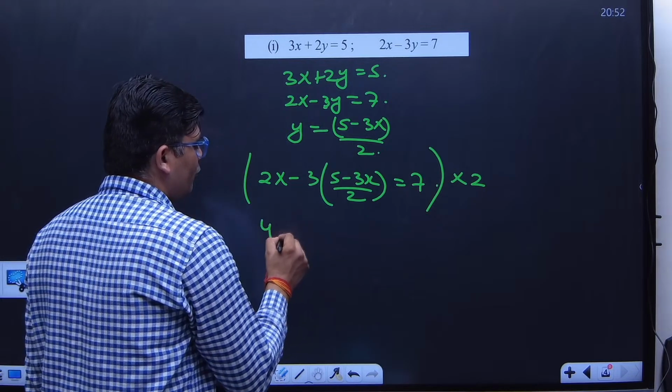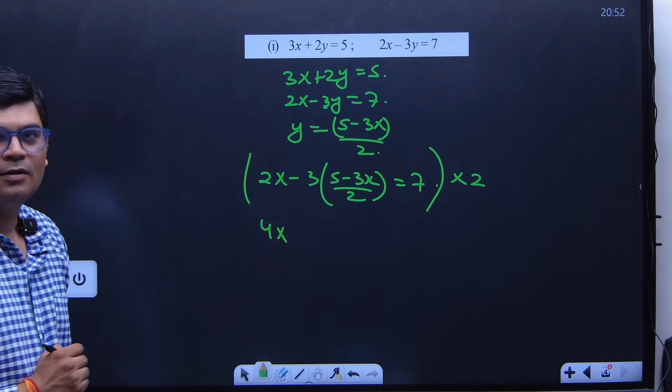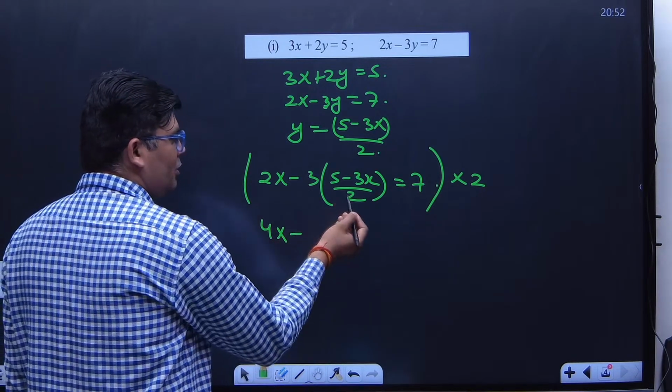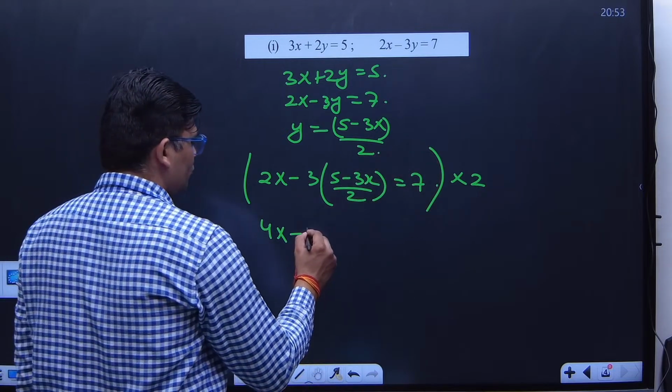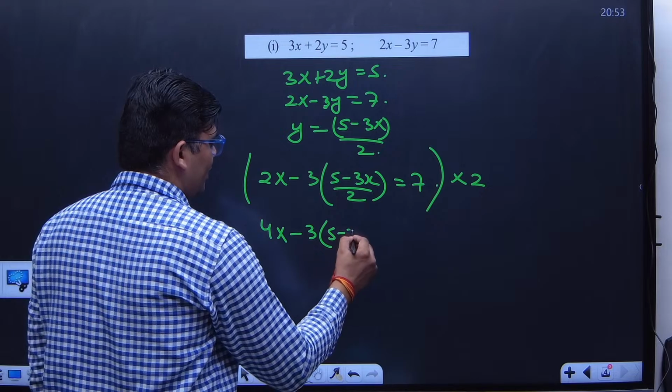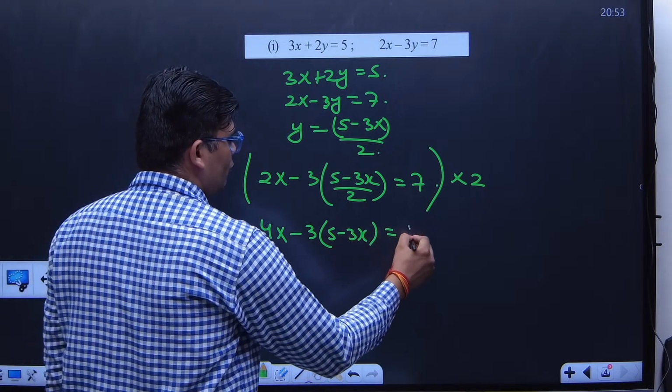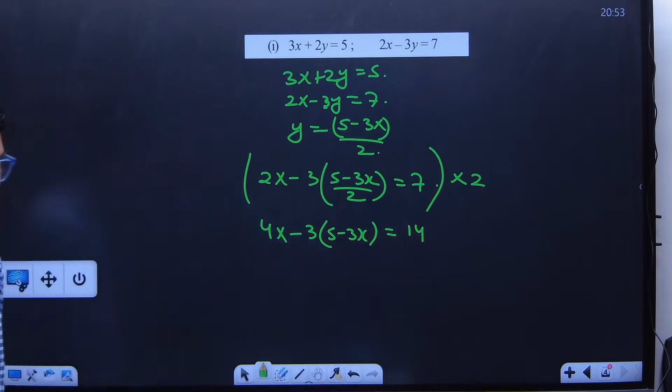So we will get 4x minus, now this 2 will be vanished because of that 2. Are you getting it? So 3 into 5 minus 3x is equal to 14. Are you getting it? Yes.